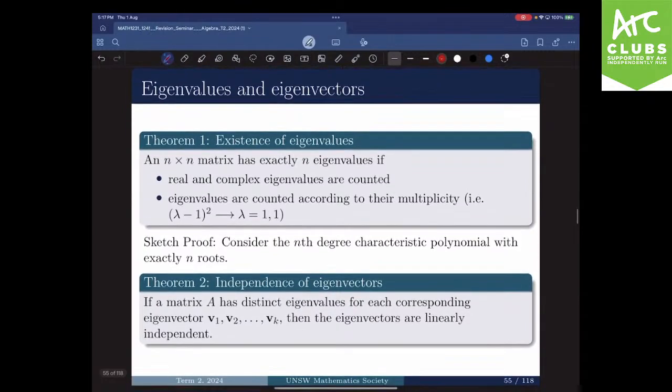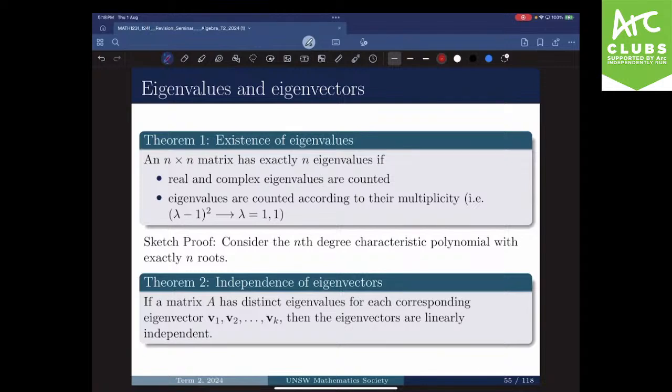So first things first, existence of eigenvalues. Our n by n matrix has exactly n eigenvalues if real and complex eigenvalues are counted, and if eigenvalues are counted according to their multiplicity.